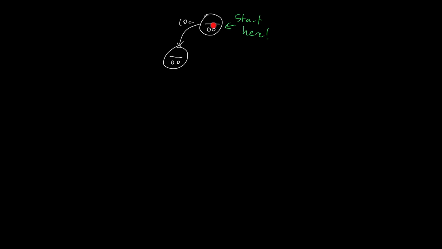So we go back to this node here and ask ourselves, what happens if 20 cents is deposited? So if 20 cents is deposited, by the same argument, I have to move to a new state. Why can't I move to the same state? Well, if I move to the same state, then when I'm in this state, I don't know whether 10 cents was deposited or 20 cents was deposited.